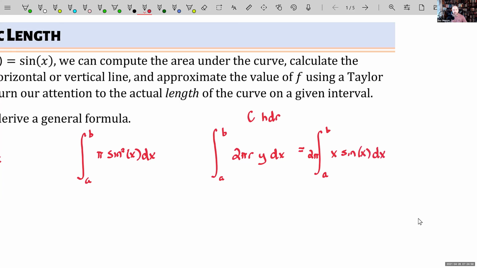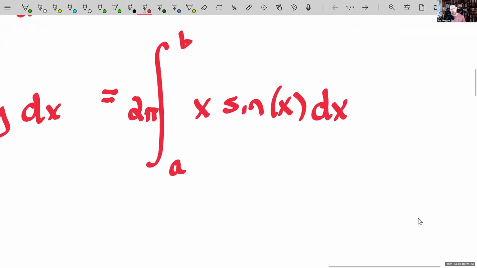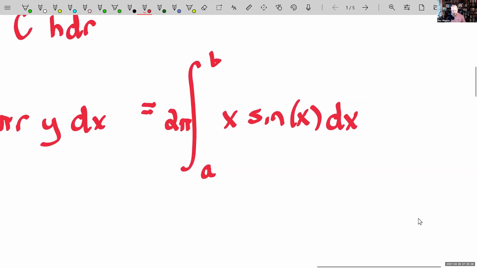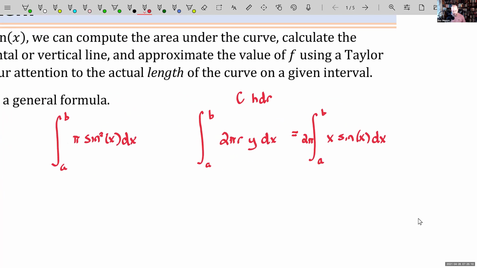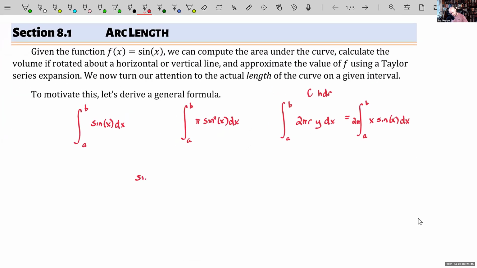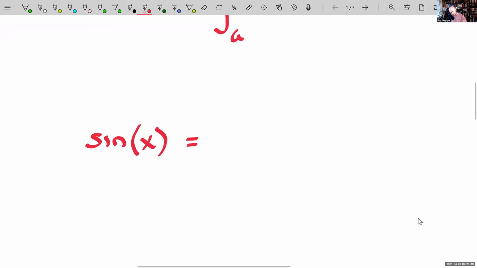And by the way, in chapter 6 we could not evaluate this integral, because we didn't have integration by parts yet. Now that we have integration by parts, we could totally do that. And then finally, we just recently found out that sine of x has an infinitely long polynomial expansion centered at 0.